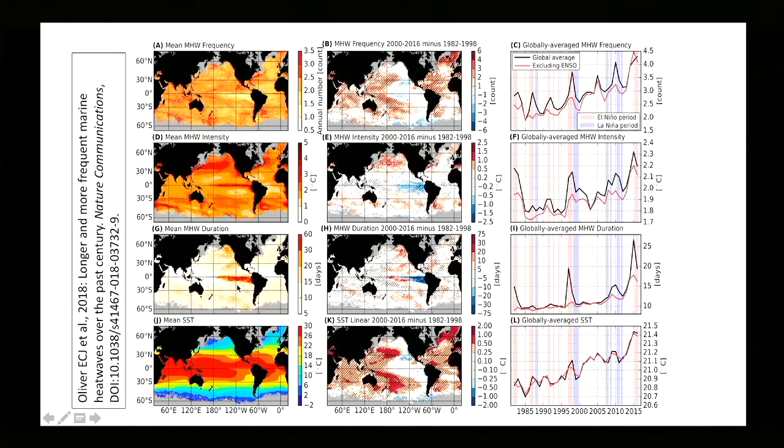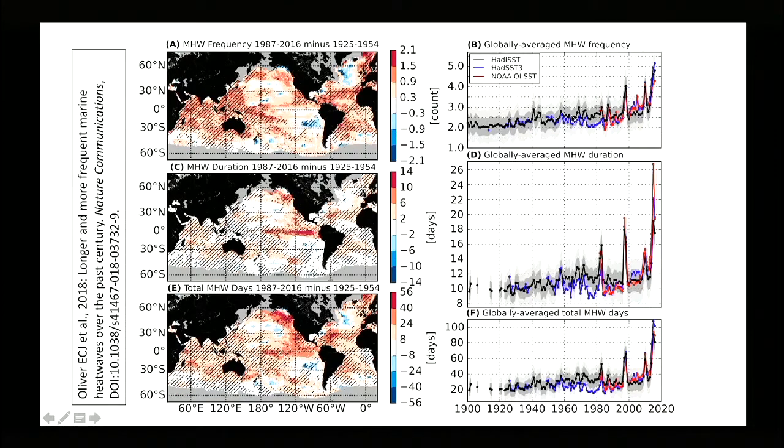And therefore, they're low in frequency, but they last for a long time because the El Nino event actually evolves and hangs around, and so you can get into marine heat wave conditions for a longer time, even though they're less frequent.